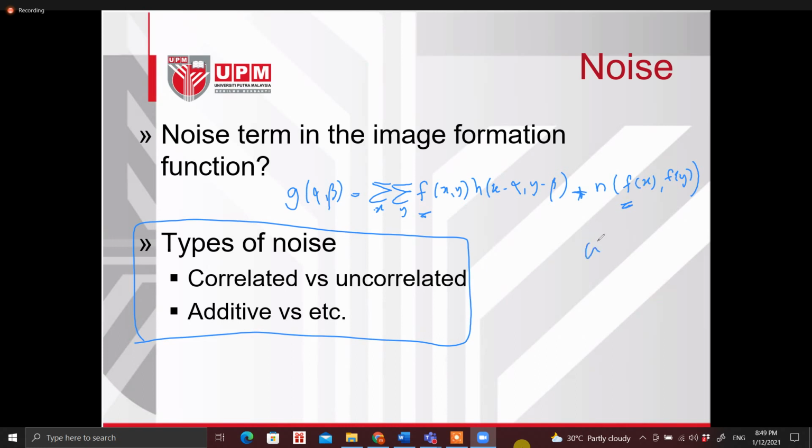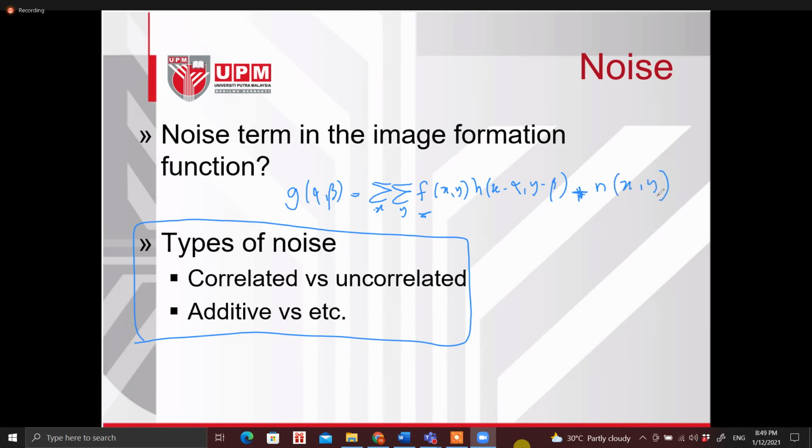This is what we call correlated noise, which is more difficult to solve. That's why the assumptions we use in our image processing class are, number one, the image is linear, and number two, if you have noise, it is considered additive uncorrelated noise.